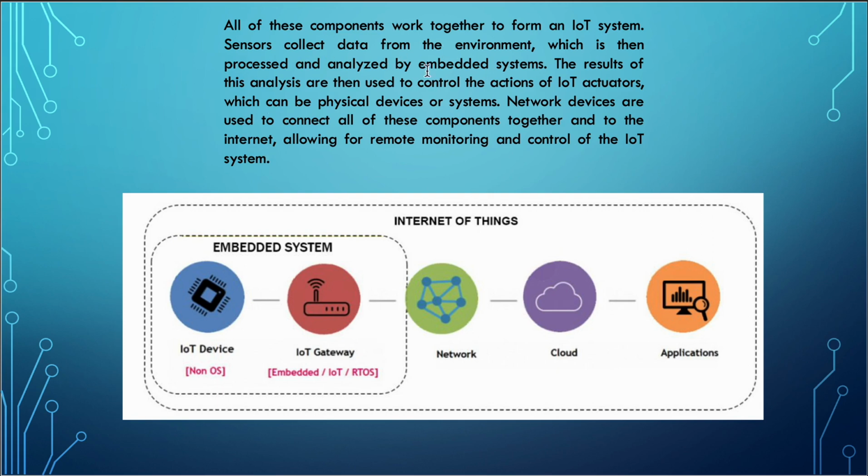Sensors, actuators, and embedded systems, all those devices or systems together, a network will be used to connect them, and it will be used to connect to the internet, allowing for remote monitoring and control of the IoT system.